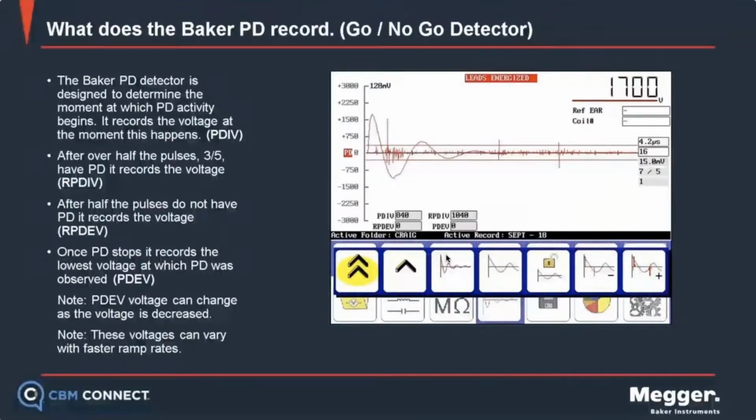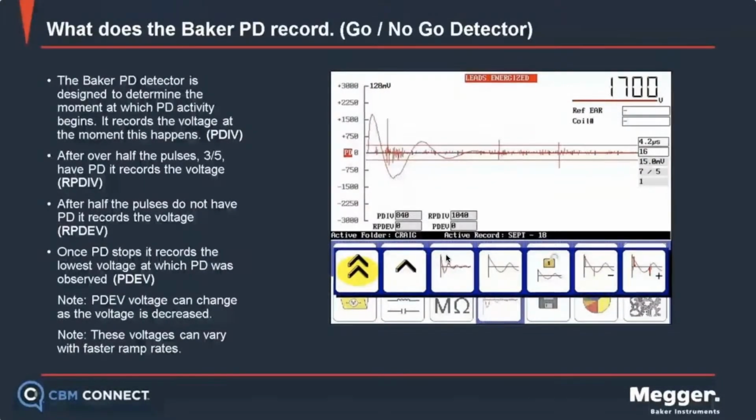At the point where we have PD, as we're increasing our surge voltage, the PD indicator is going to say, yep, we have PD, and then we record that voltage as PDIV, or partial discharge inception voltage. Once more than half of our surge pulses are partial discharge waves, then we say we have repetitive partial discharge inception voltage. So that's where not only do we have PD, but PD is consistently happening through the majority of all of our surge pulses.